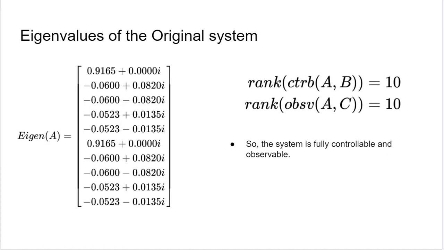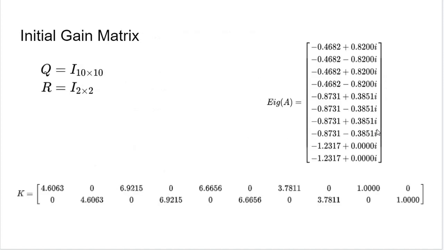Once I analyzed the system, there are 8 eigenvalues which are in the left half plane, and 2 eigenvalues which are in the right half plane, and the rank of the controllability matrix and the observability matrix are 10. That means those matrices are full rank, and the system is fully controllable and observable.